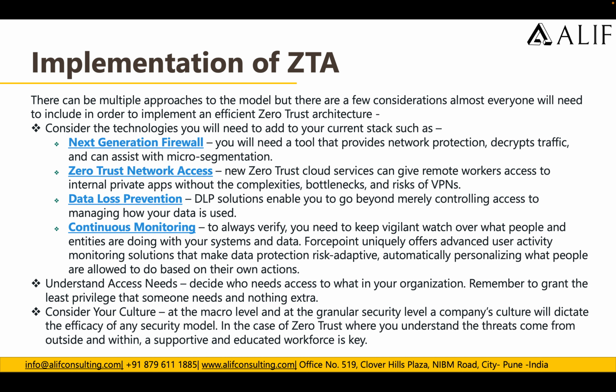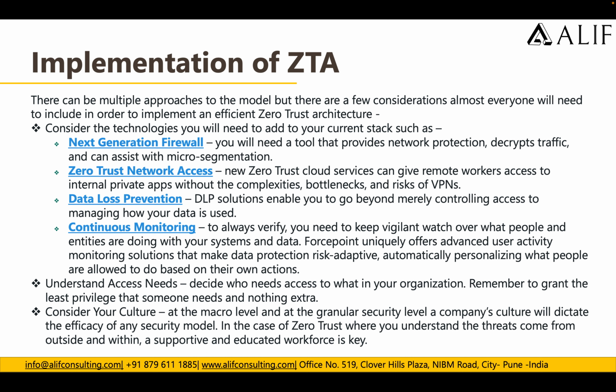Now, implementations of zero trust networking: there are a few considerations you need to make. First, consider the technology you will need to add to your current stack or network, such as next generation firewall, zero trust network access, DLP, which is data loss prevention, and continuous monitoring.